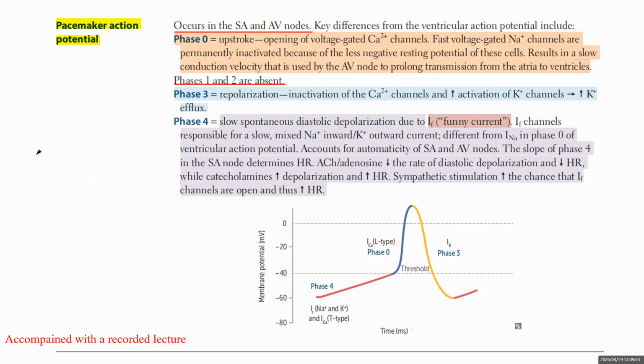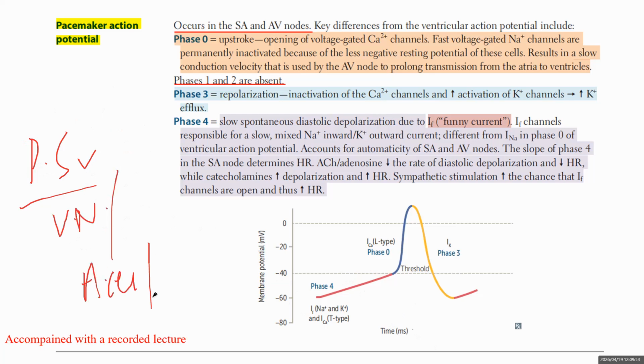The parasympathetic stimulation, mainly through the vagus nerve and acetylcholine, decreases the heart rate. It does this by reducing the slope of phase 4.